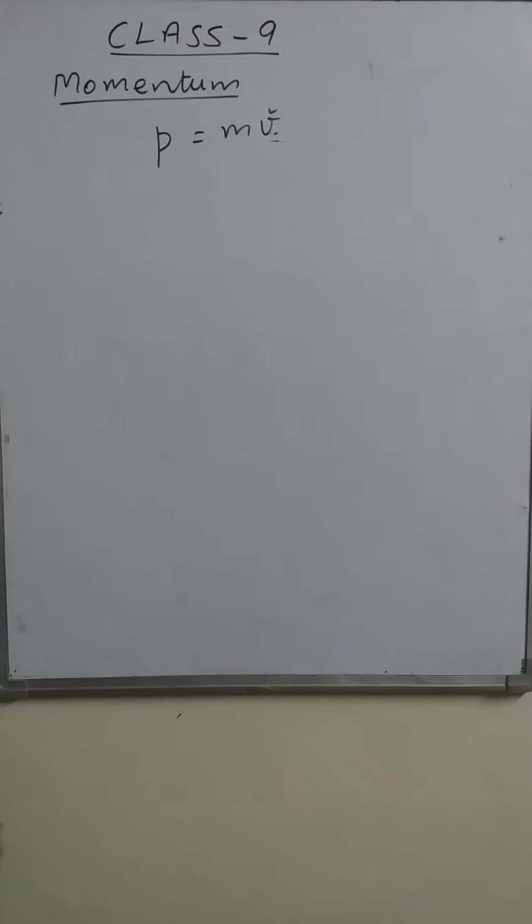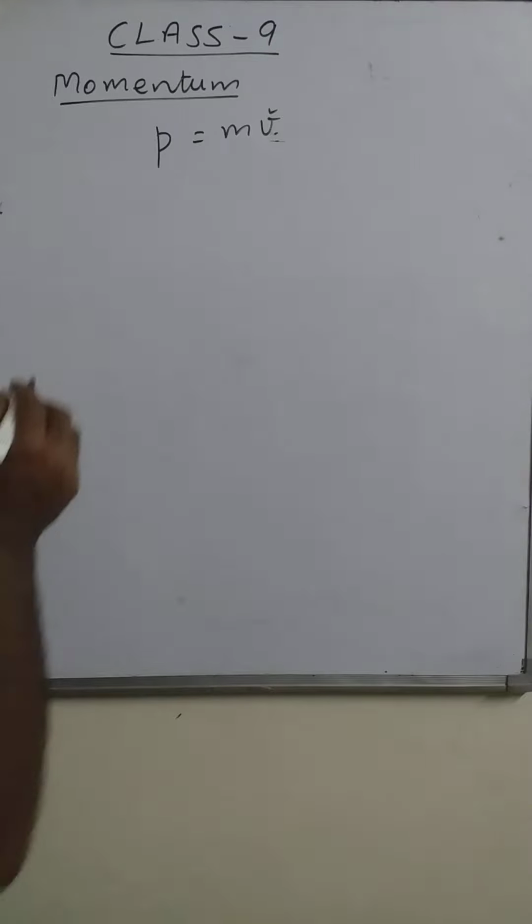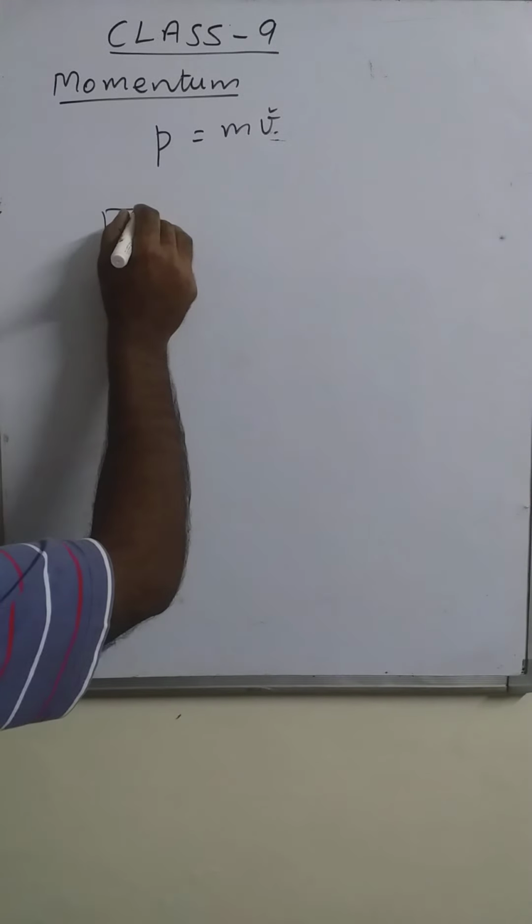Here you have been given three variables: the momentum, mass and the velocity. If any two variables are given, then the third can be calculated. In the same way, consider the case where one of the variables is constant. Suppose we take two objects.